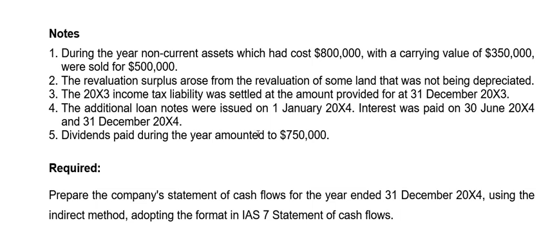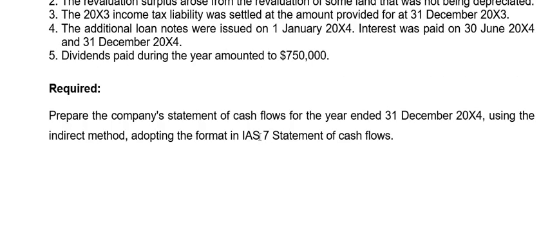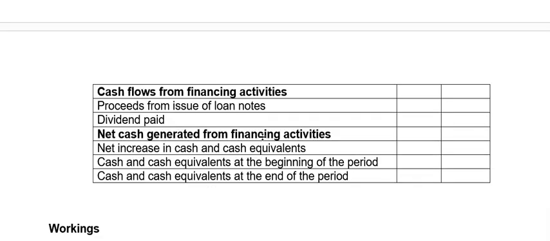The cost of the asset has to be written off from the non-current asset account, and then the depreciation of that asset that has been disposed of should also be written off from the accumulated depreciation account, because the asset has been disposed of. So why do you keep that depreciation in the books of accounts? Remember, the accumulated depreciation account records depreciation of assets from the time these assets were acquired to date, but now this asset has been disposed of, so we have to write off its depreciation.